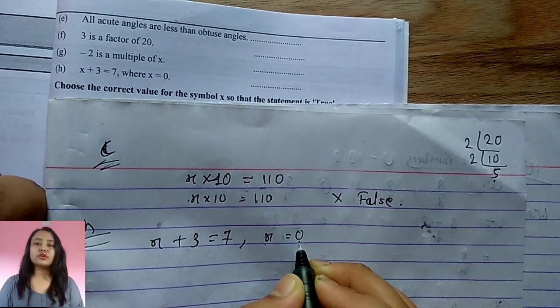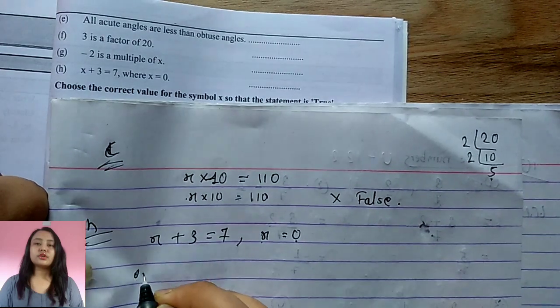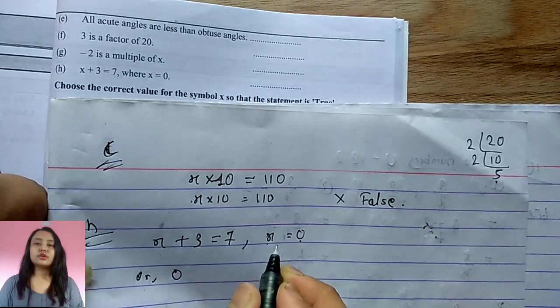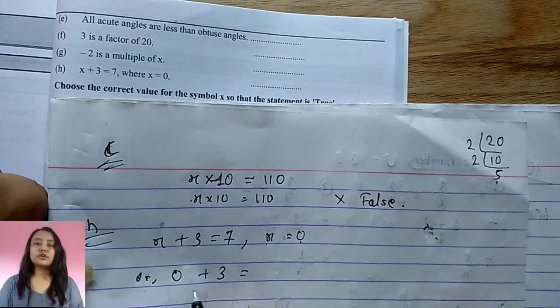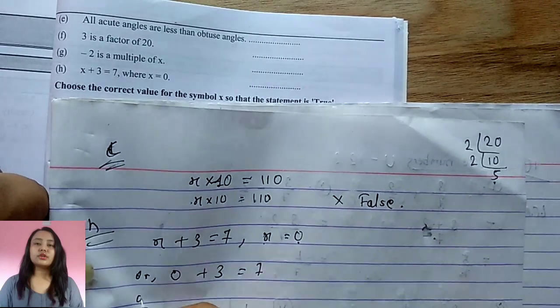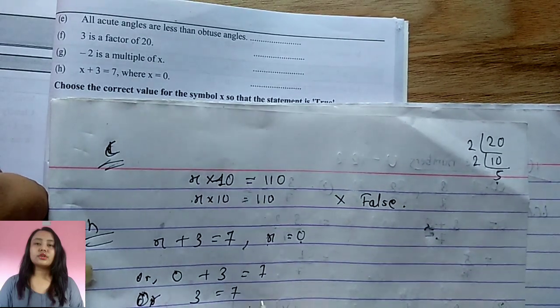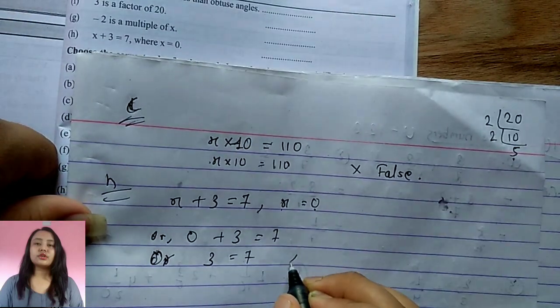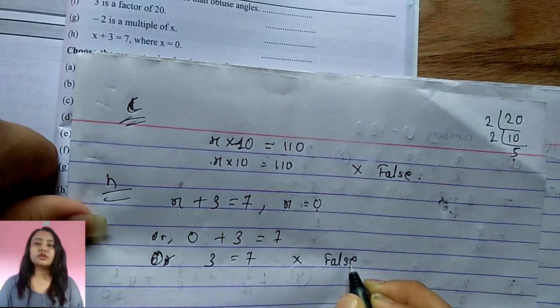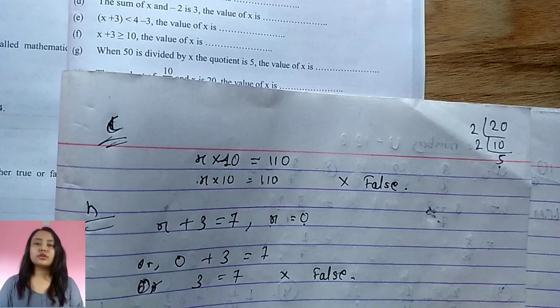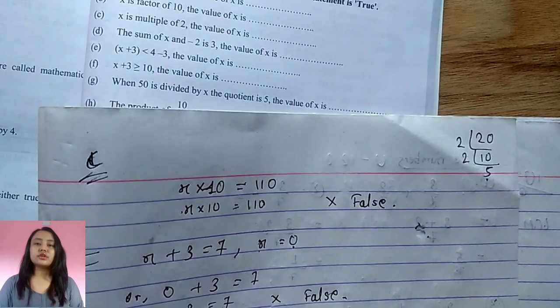So the value of x is given as 0. Let's put the value in this equation. x is equal to 0, as the value is given 0. x plus 3: 0 plus 3 equals 7. Or this 0 plus 3 means 3 only. 3 equals 7. Is it correct? No. So this is also false. Like that you have to find out whether the statement is true or not.